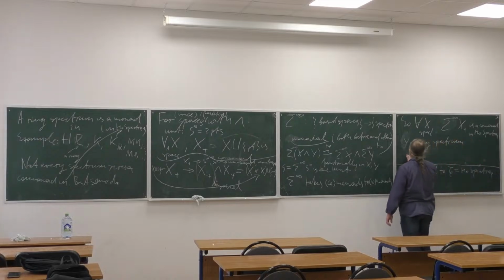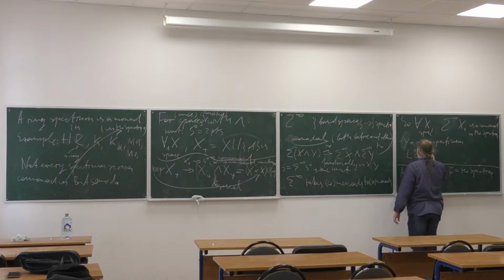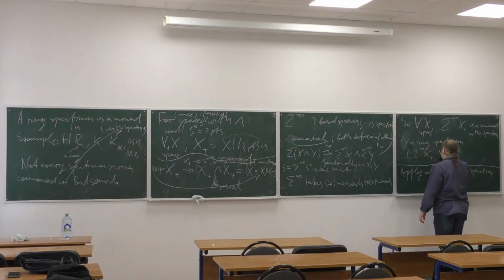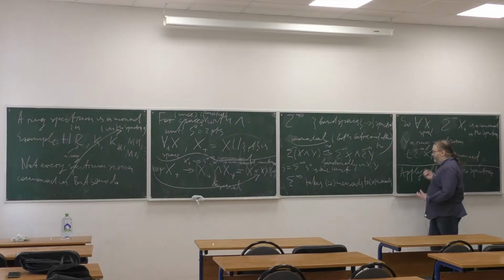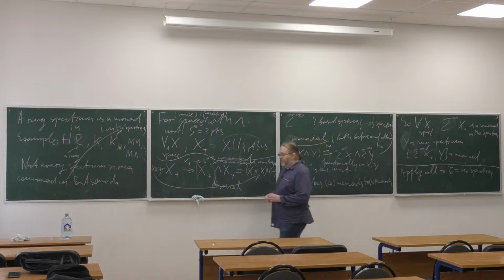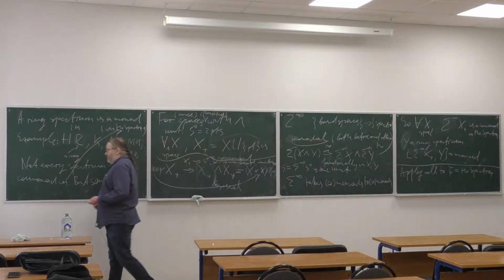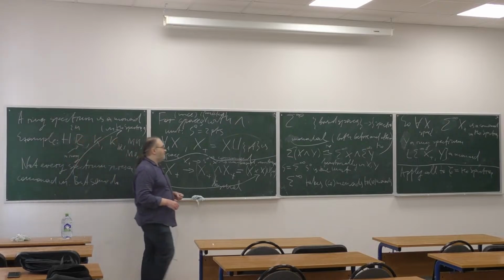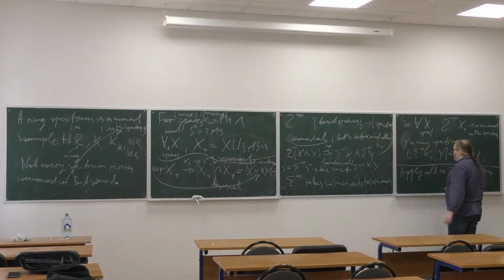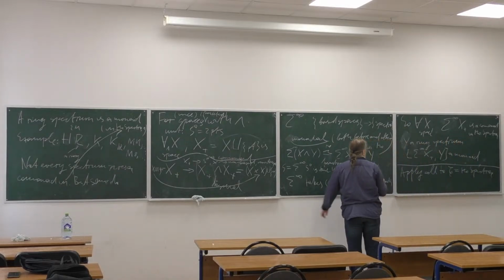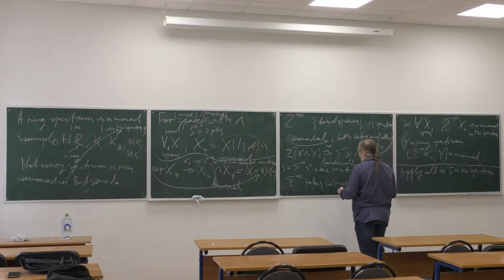Then the set of maps from the suspension spectrum of X plus to Y is a monoid.